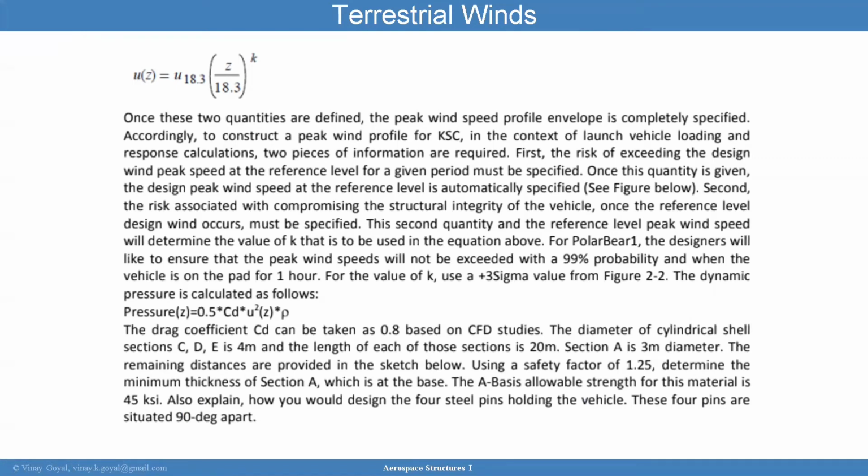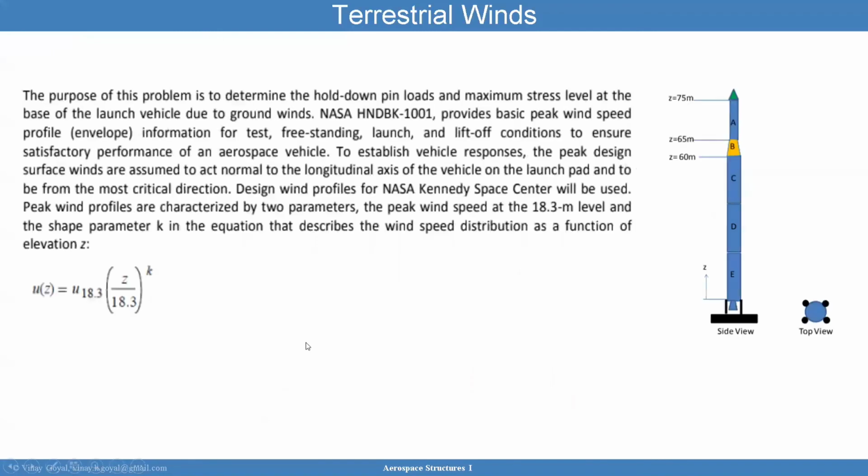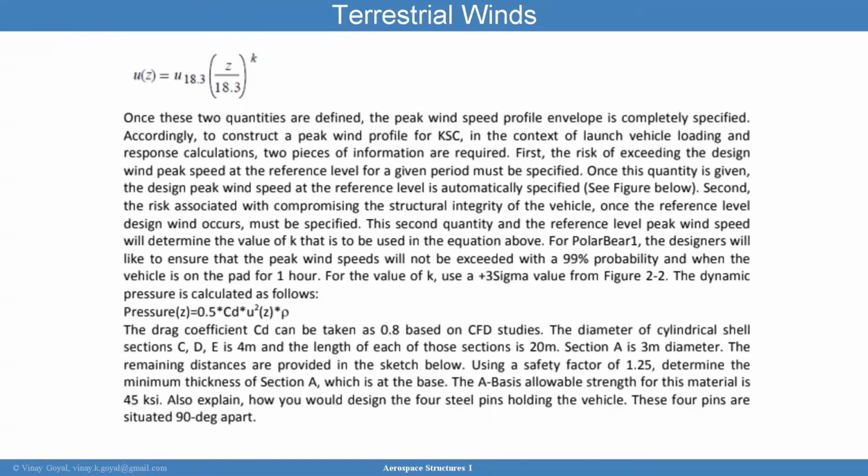The diameter is known, so you should be able to take that pressure and translate it into a projected area. That's going to cause the vehicle to bend, and you should be able to do section cuts to determine the shear and then bending moment distribution.